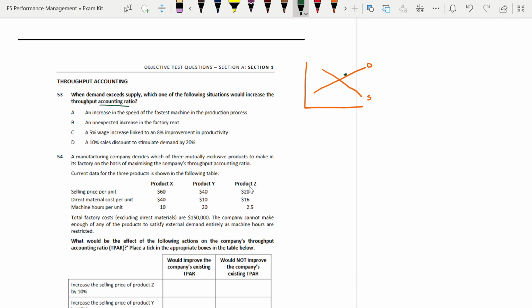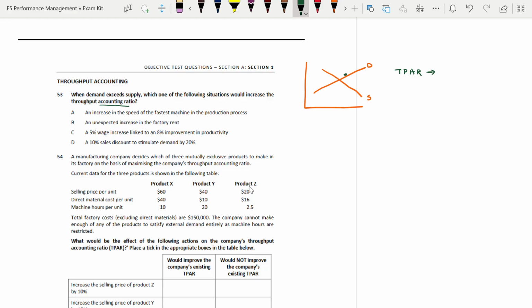What does the throughput accounting ratio say? Which of the following situations will increase the throughput? Throughput means the process, how much it takes from input to output, and that is the concept of throughput accounting, is it right?